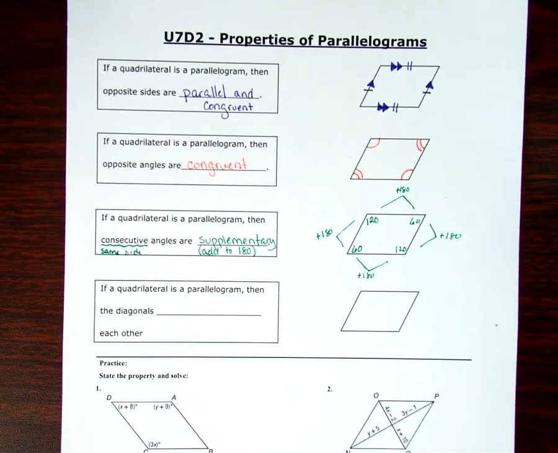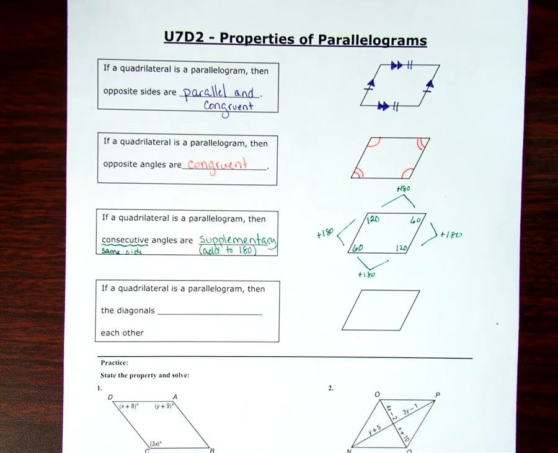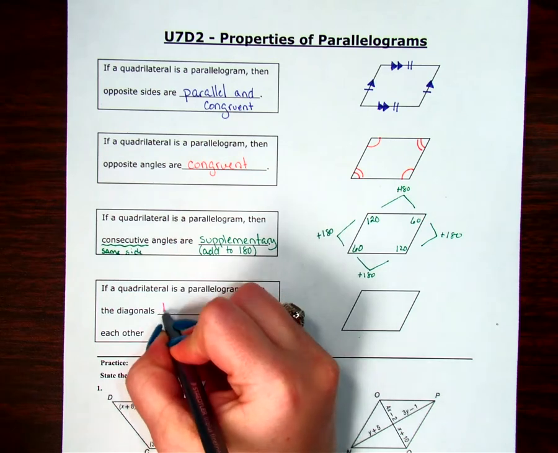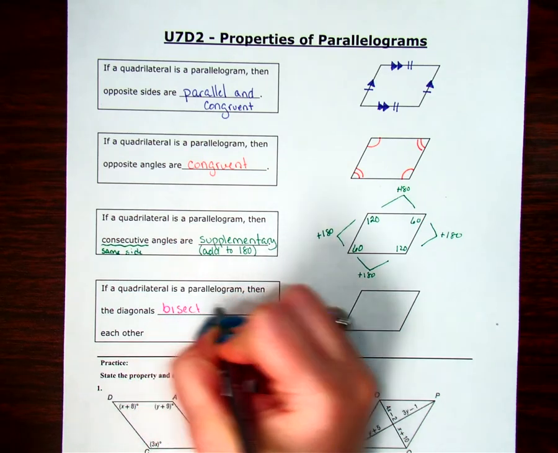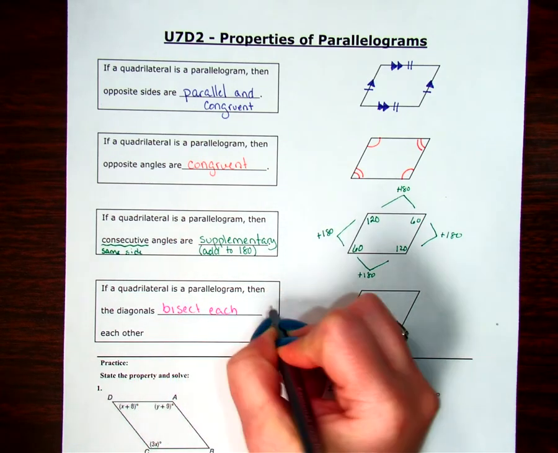Okay, let's look at my 4th and final property that we're going to talk about for our parallelogram. If a quadrilateral is a parallelogram, then the diagonals bisect each other. Bisect each other.